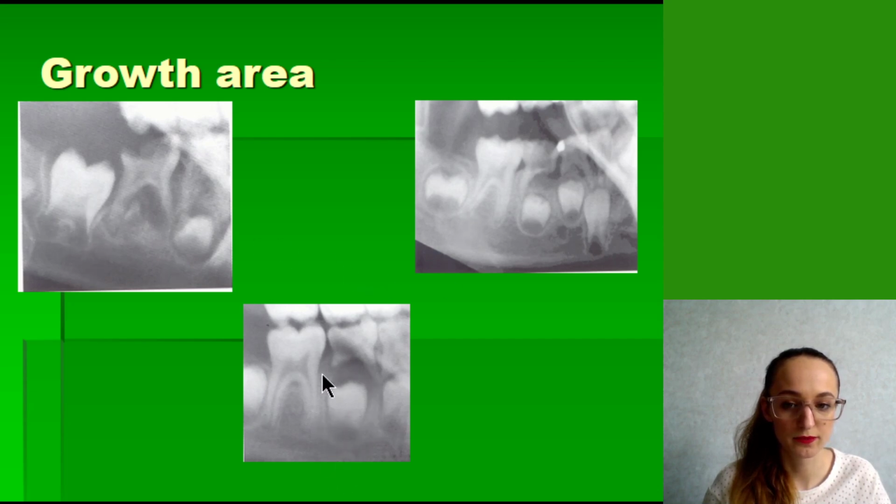Look, please. It is a compact granuloma of the tooth and a resorption of one of the roots.